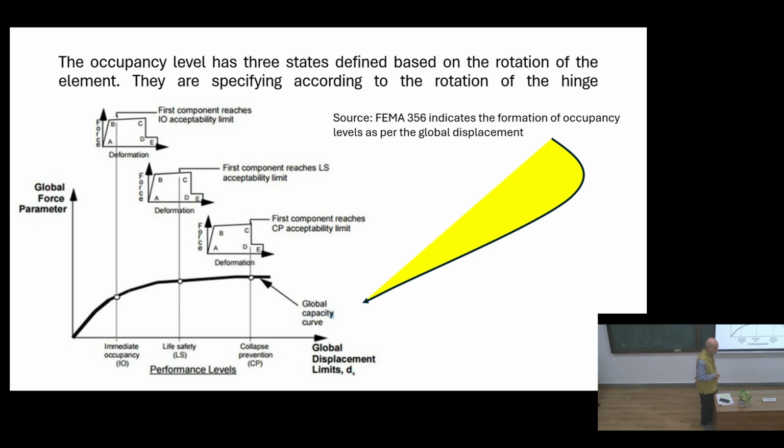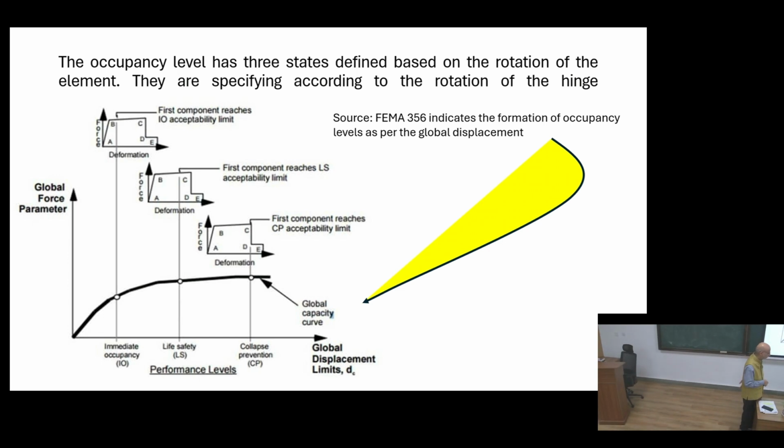And we talk about what the different levels of performance are. This is immediate occupancy, life safety, collapse prevention, and accordingly these have been marked on this force deformation curve. So when immediate occupancy, you are here. It is almost a straight line.